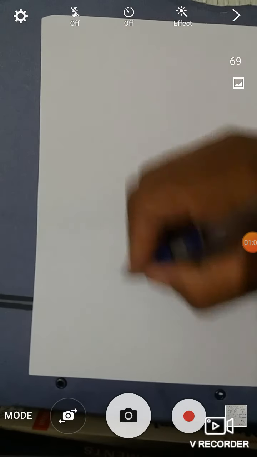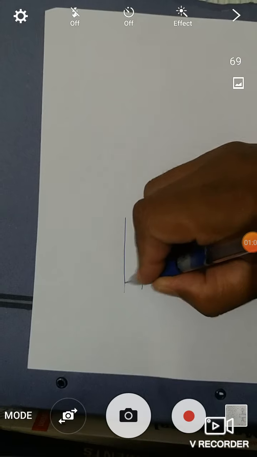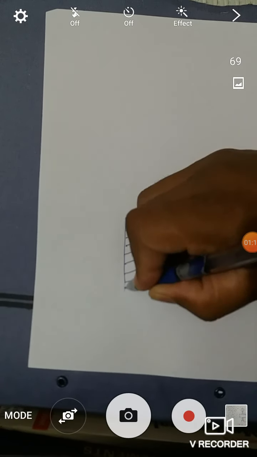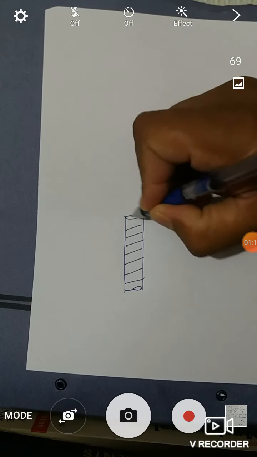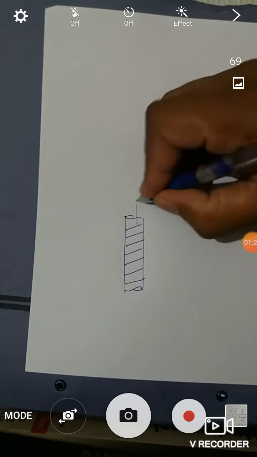If we see the worm and worm gear, this is worm.